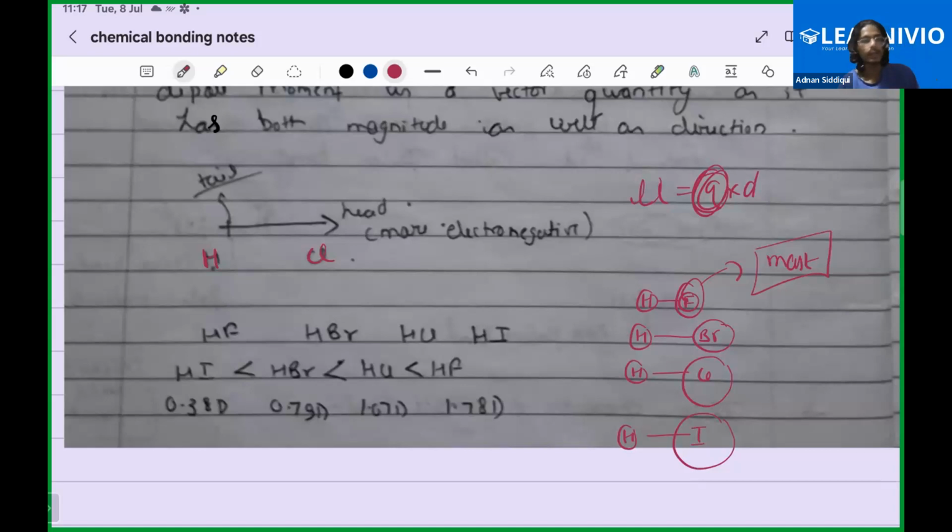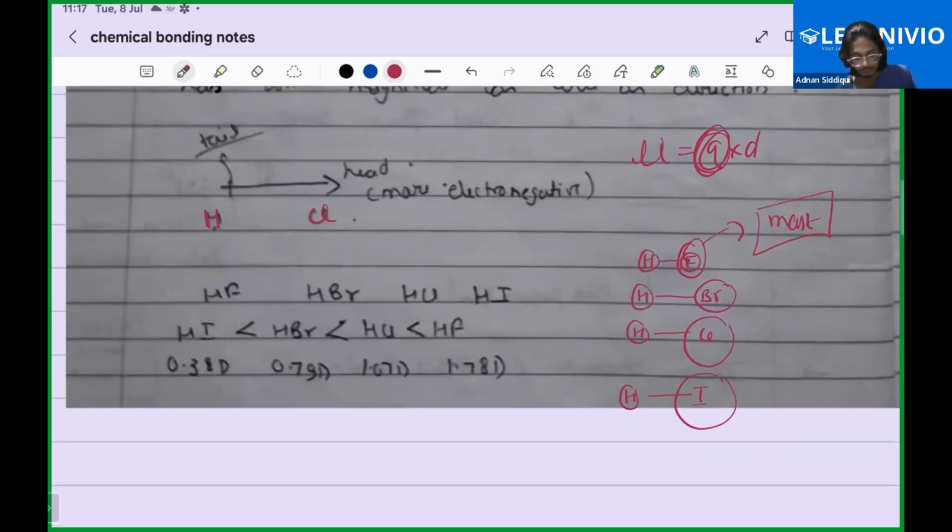Iodine is again pulling the electron density, but the magnitude or strength is less. Is bromine more electronegative than chlorine? Yes, as we are moving down the group, this is your fluorine, then bromine. I made it wrong, I guess.